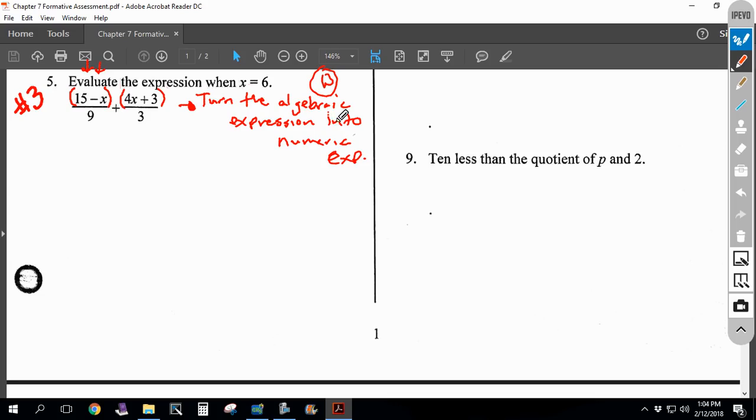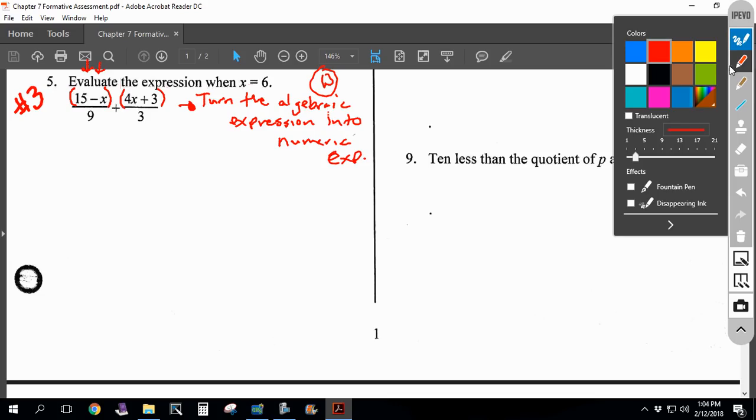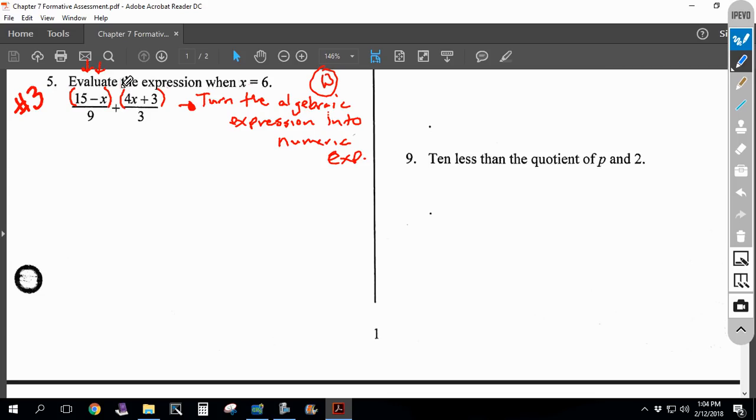That's the very first thing that you need to do after you put those parentheses on. So now I'm not going to do any math. I'm not adding, subtracting, multiplying or dividing. I am just going to rewrite this. I'm going to rewrite it as parenthesis 15 minus 6, because I know that x equals 6 according to that right there. Now, if you left it as a fraction over 9, that is fine. I'm going to turn it into this.